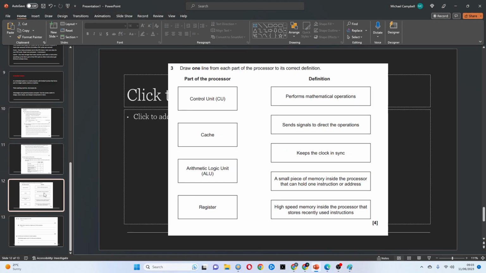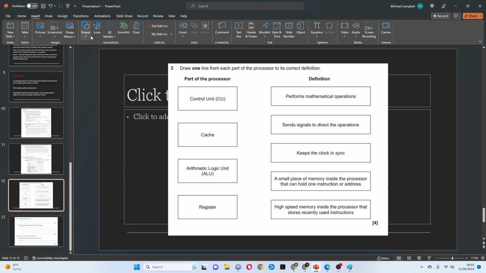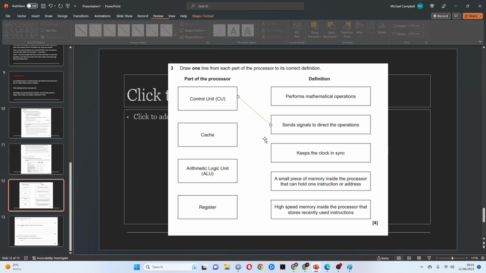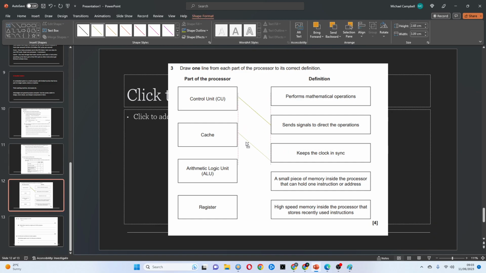Right, so let's go on to this one. This one's relatively easy, I just got to name the things. So control unit, sends signals to direct the operations. Cache, small piece of high-speed memory inside that stores recently used instructions.